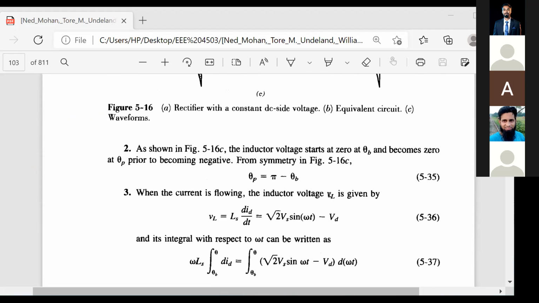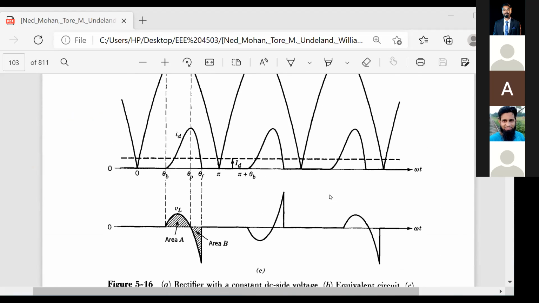Then we want to find out the equation of the current. When the current is flowing, our equation is Vs equals VLS plus Vd, right?